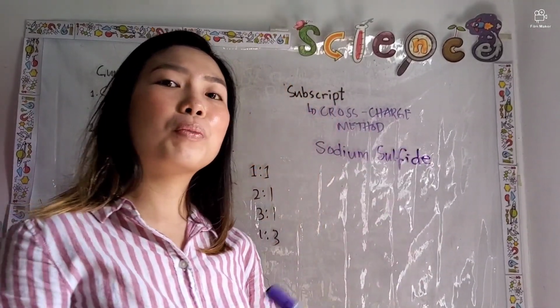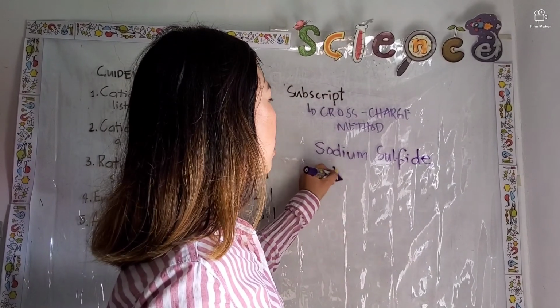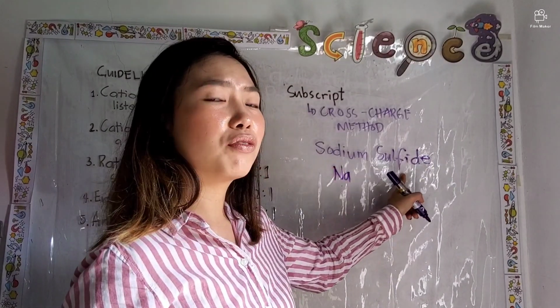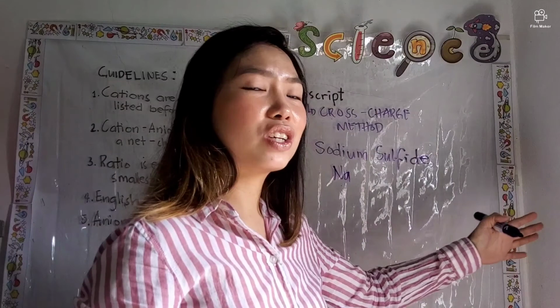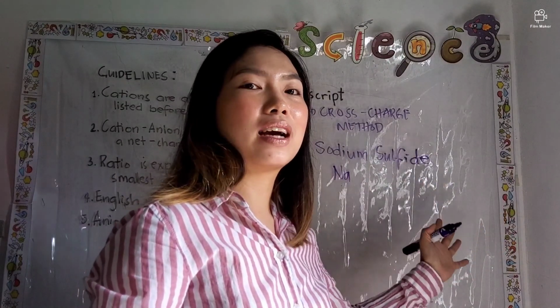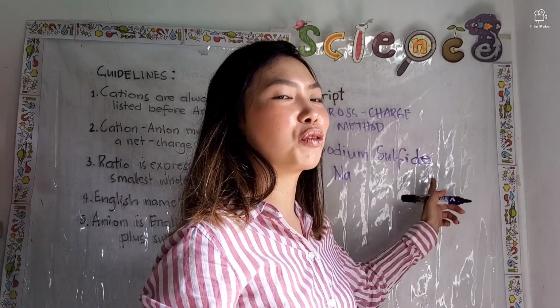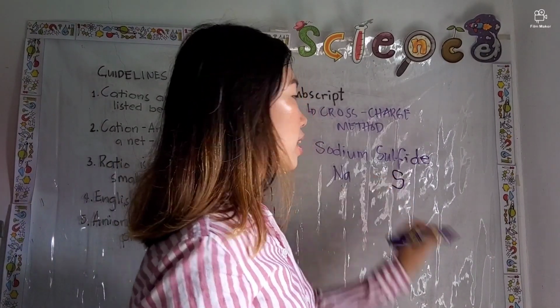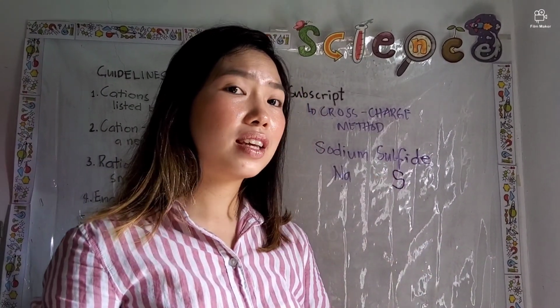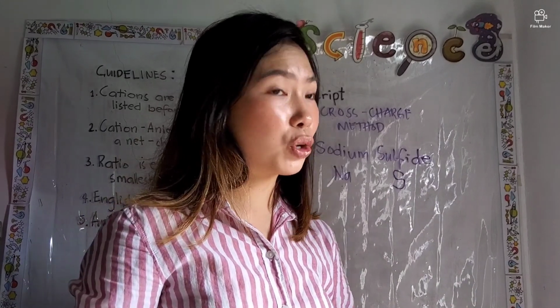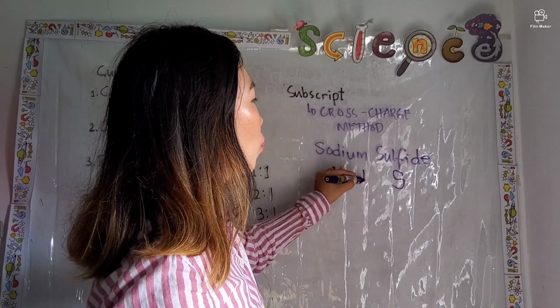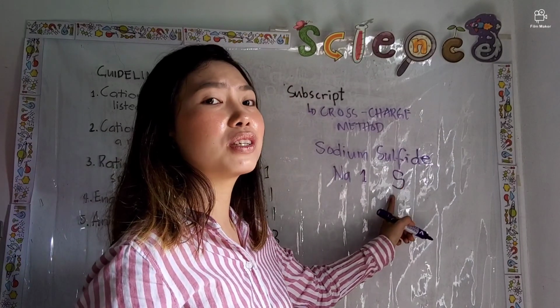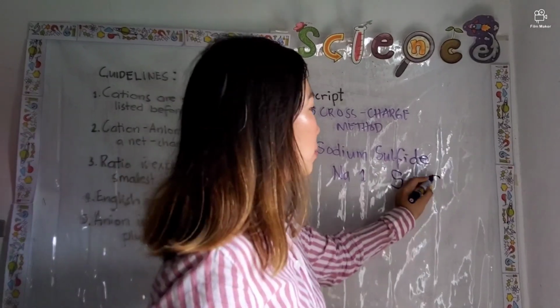Okay, so sodium has a symbol of Na. Sulfide is from the word sulfur. Dahil siya ay nasa compound, papalitan ng kanyang dulo ng IDE. So, from sulfur, naging sulfide. So, the symbol of sulfide is still S. The next thing na gagawin mo is to identify their group. Na is found on group 1 and sulfur is found on group 6.